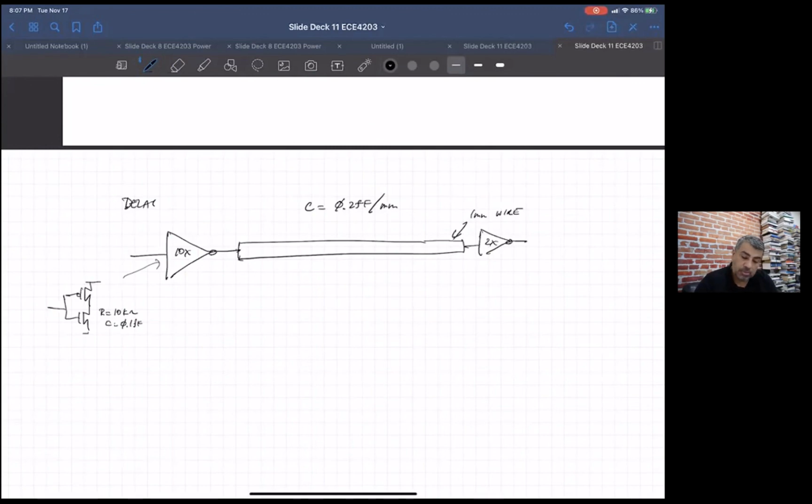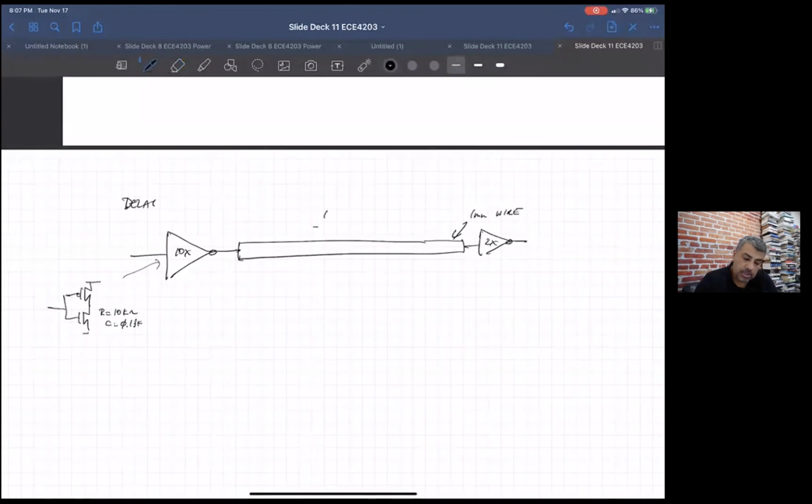So it's 0.2 femtofarads per micron. Sorry, guys, I think my slide is messed up.